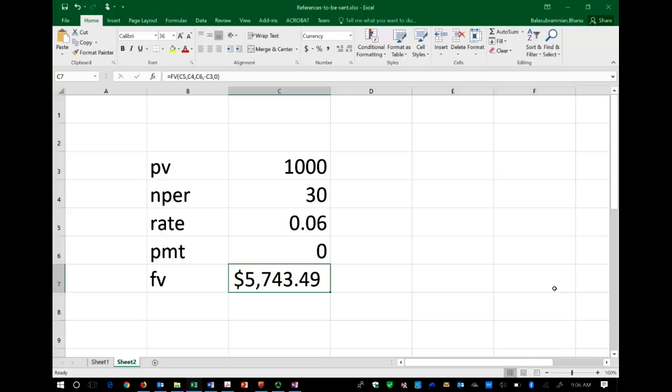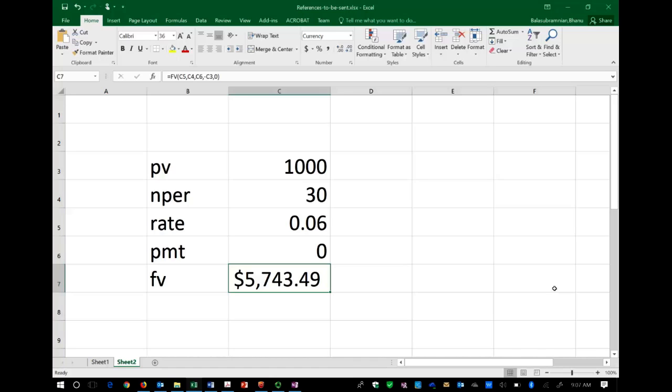Is everybody getting this number? Okay. So, at the end of a 30-year period, 30 years ago what you invested was $1,000, right, and you receive 5,743.49.